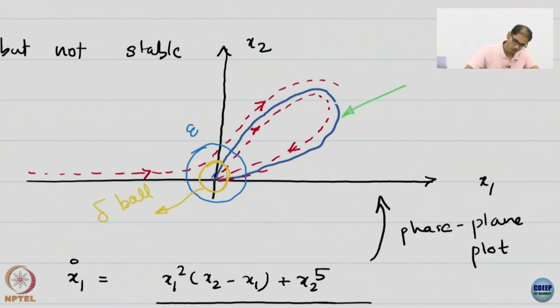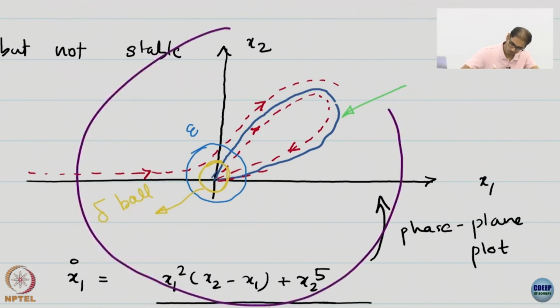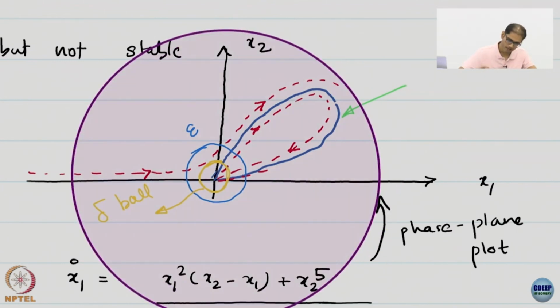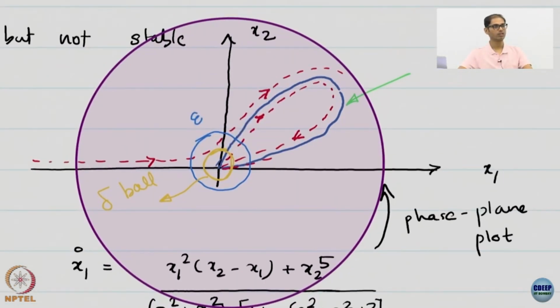Now, of course, if I make a very large epsilon, let us see that case also. Alright, I made this epsilon ball now. Now what, does this work? Unclear if this works or not, but there is a hope that it might work, because potentially I could take a really small delta like this.